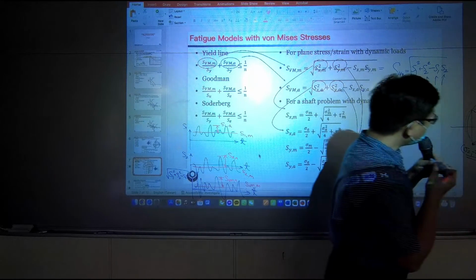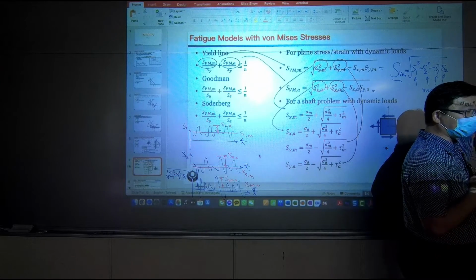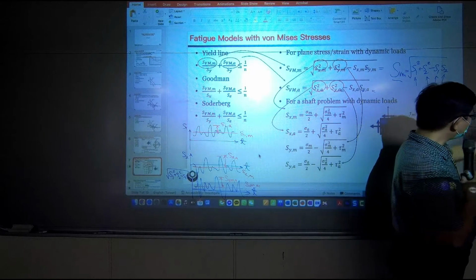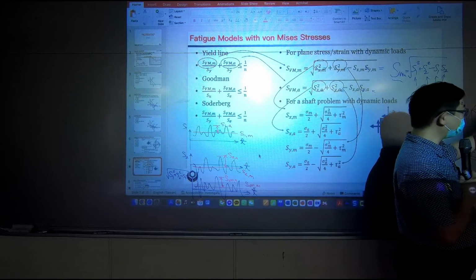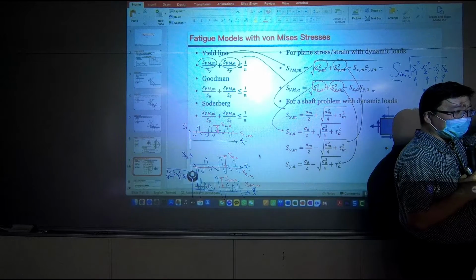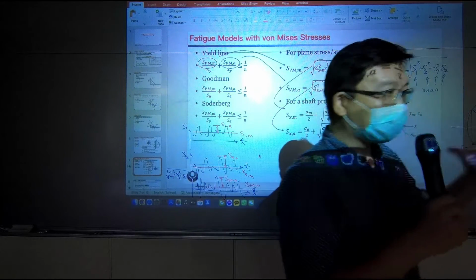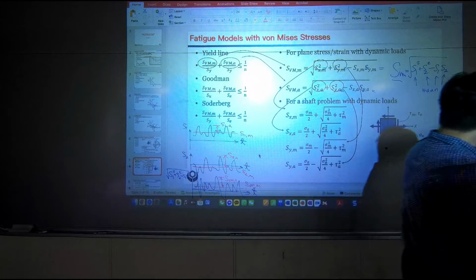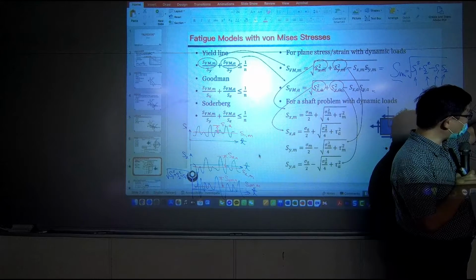Because this stress fluctuates, the Mohr circle shrinks a little bit and expands a little bit from time to time. So the Mohr circle is changing its size. But this is only the fluctuating behavior of one stress.